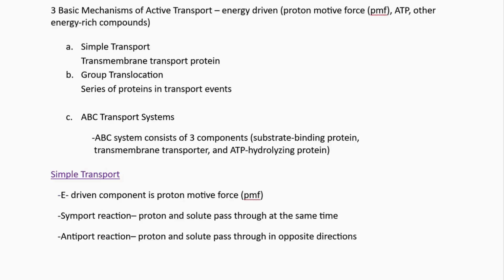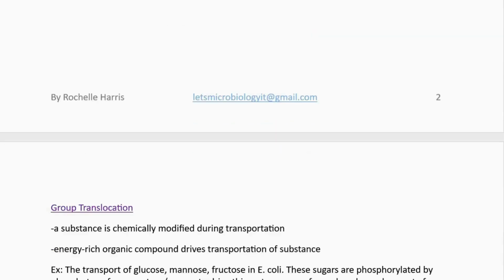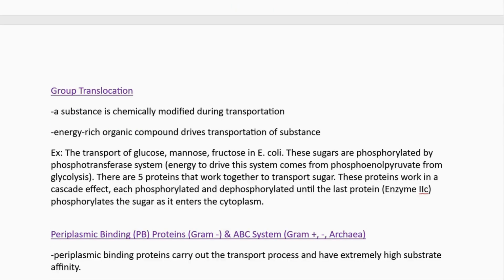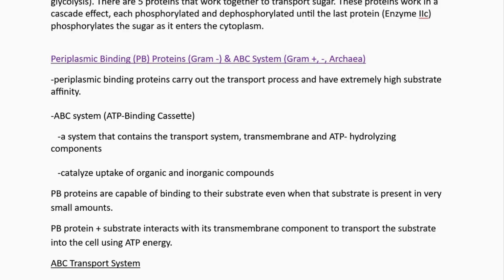There are three main active transport methods: simple transport, which uses a membrane protein and is powered by proton motive force, or PMF; group translocation, where the substance is chemically modified during transport using energy from compounds like phosphoenolpyruvate; and the ABC transport system, which uses ATP and consists of a substrate binding protein, a membrane spanning transporter, and an ATP hydrolyzing protein.